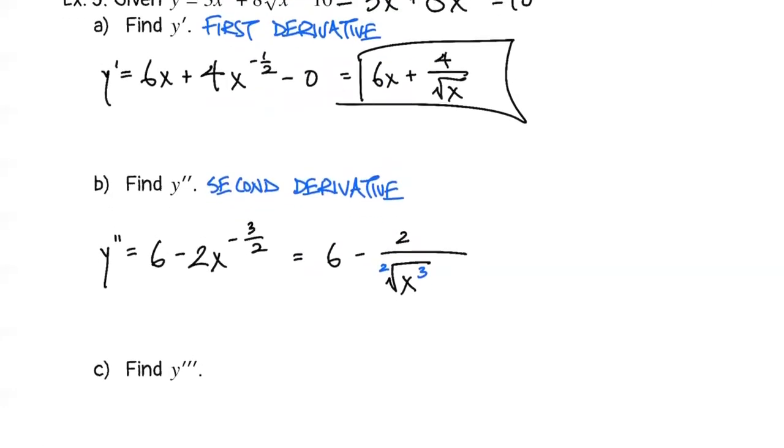All right. Why triple prime? What am I asking you to find in part C? The slope of the second derivative. Yeah, that slope of the second derivative, and that is equivalent to saying find that third derivative.